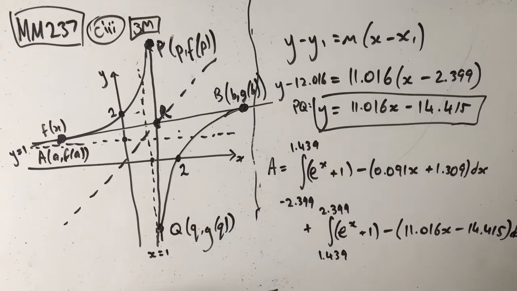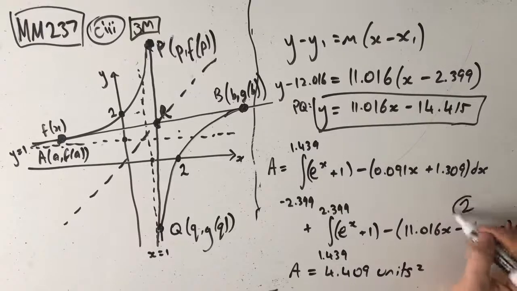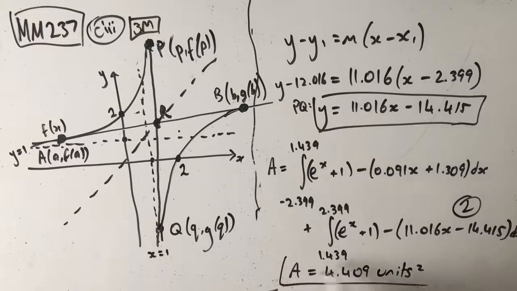Awesome. And then from here, we can just put this in our calculator and solve it. Okay, so that gives us an area of 4.409 units squared. Oh, and also our second mark comes here. So when we write down this area formula, we get our second mark.